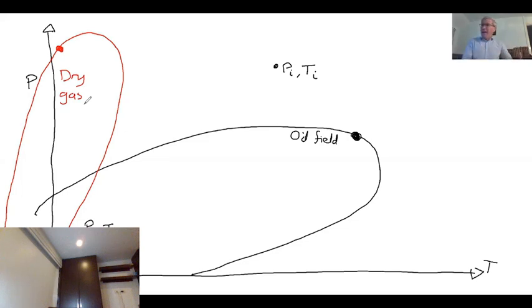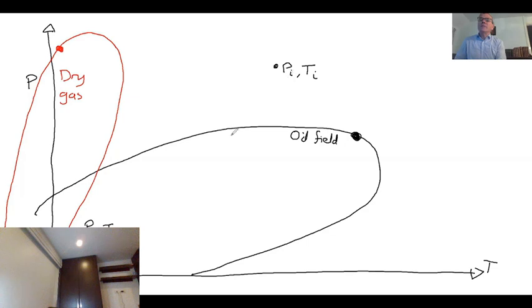That's a word you might hear. There isn't some special phase diagram for it. You can't look at the phase diagram and say whether it's sweet or sour. So this is dry gas, as you can see. The initial conditions are way out here. The surface conditions are here. Basically, everything is to the right of the diagram.